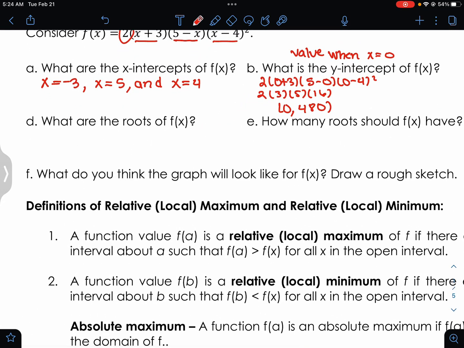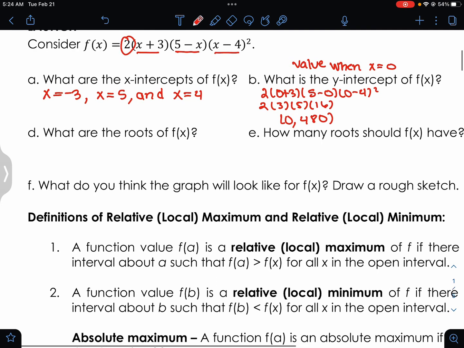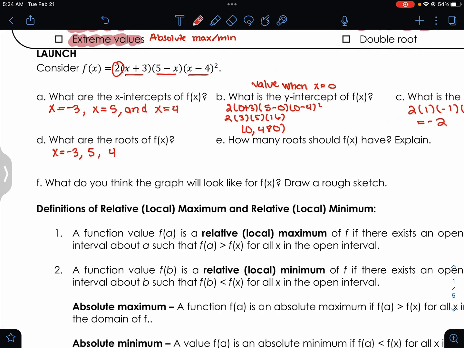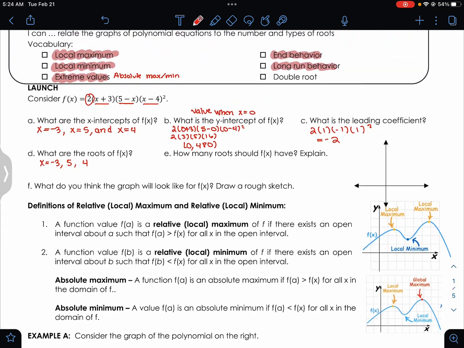It says, what are the roots of f of x? So those are going to be the same as your x-intercepts. You have x equals -3, 5, and 4. And how many roots should f of x have?